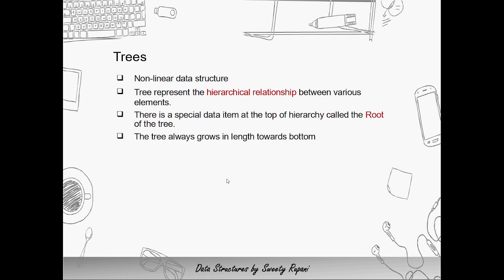Now let's have a look at non-linear data structure. The first data structure we are considering in a non-linear category is a tree. So when this term comes into our mind, tree, we think of some root, branches, and the leaf.